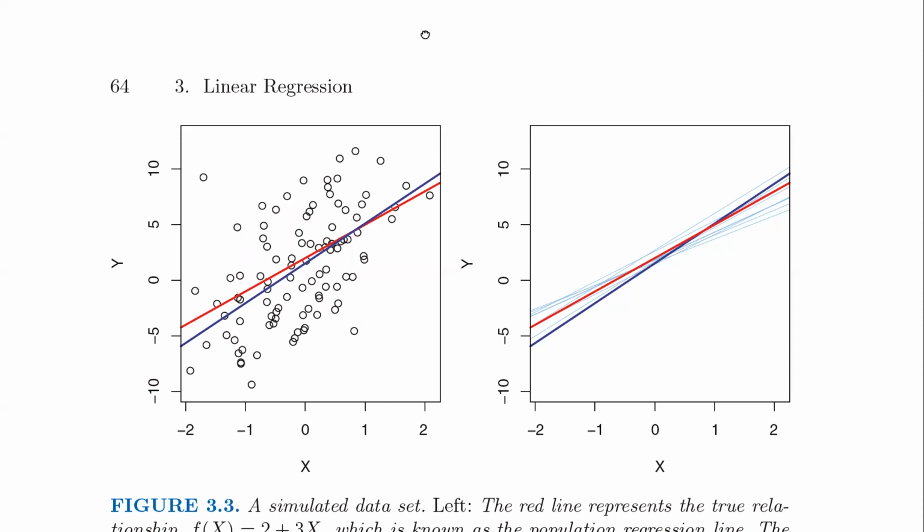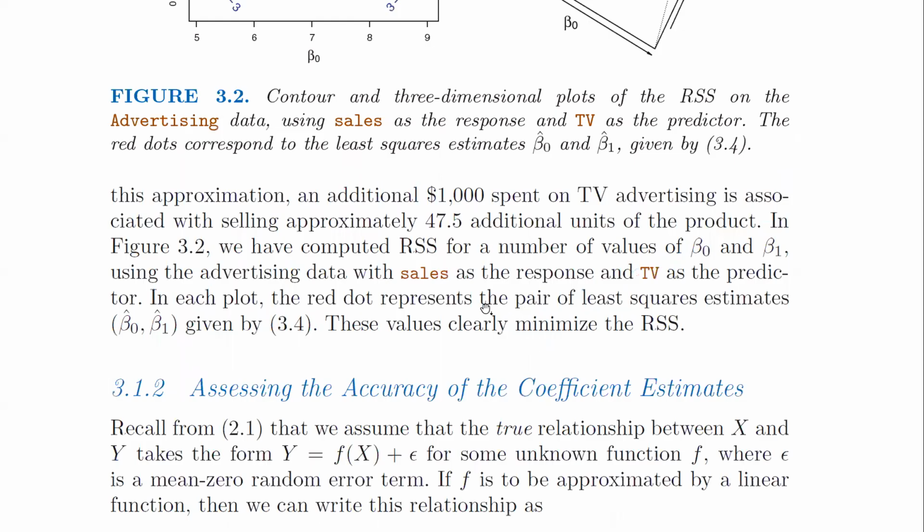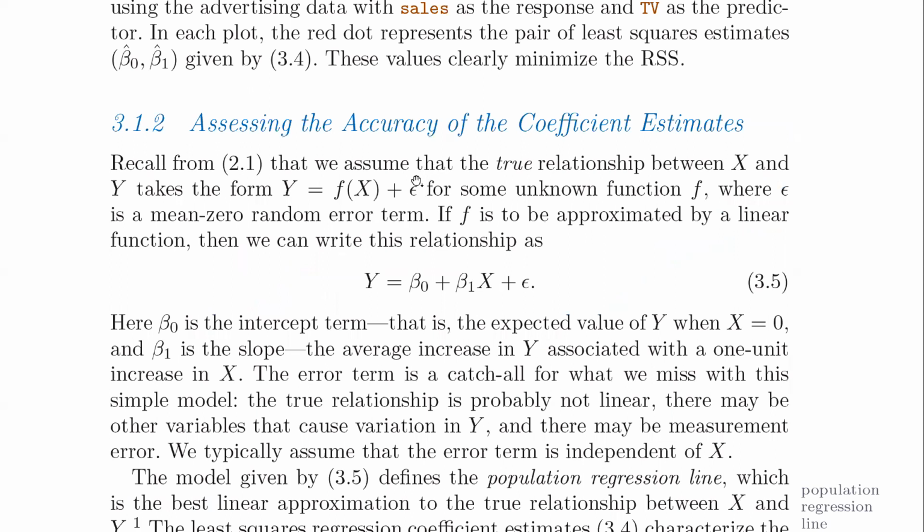I really think that's probably the easiest way of conceptualizing the error term, right? Epsilon is a mean zero random error term. You have that in every model because the model is a simplification of reality.